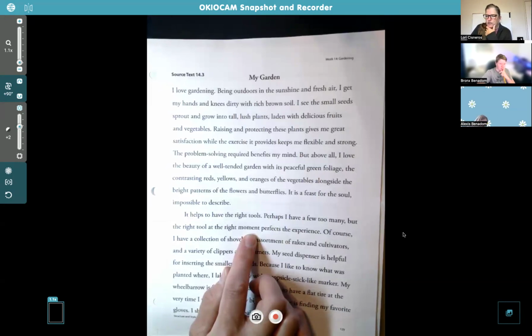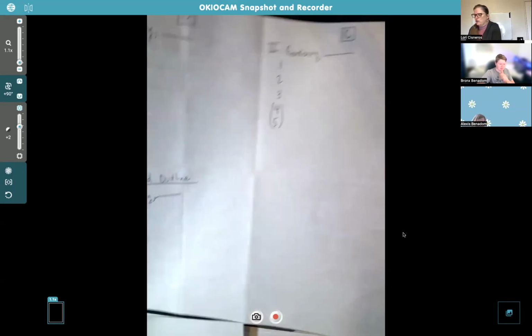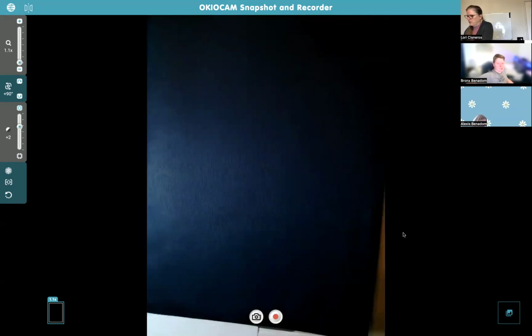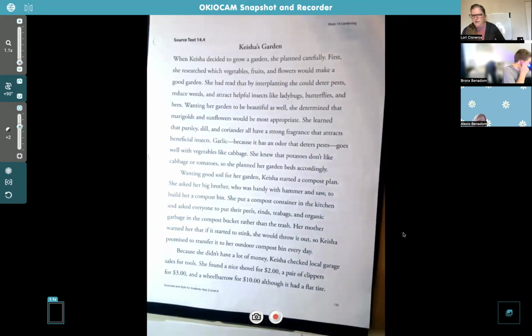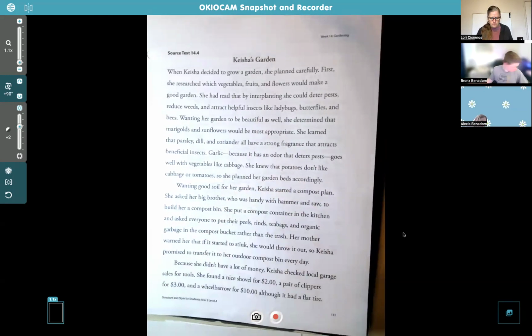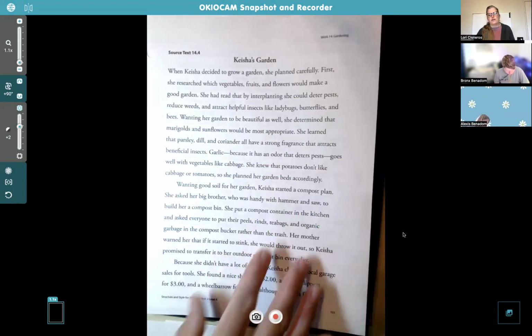Okay, so you guys are good. Let's do D together really quick next. You're almost done here. This is going to be from Keisha's Garden, page 131. Just to remind you, this one is written a little bit differently.